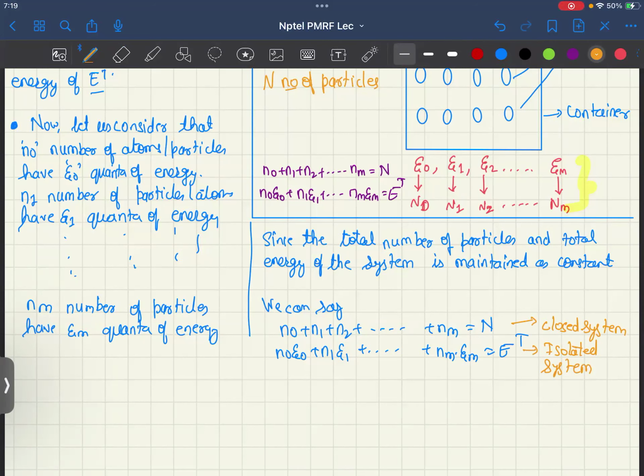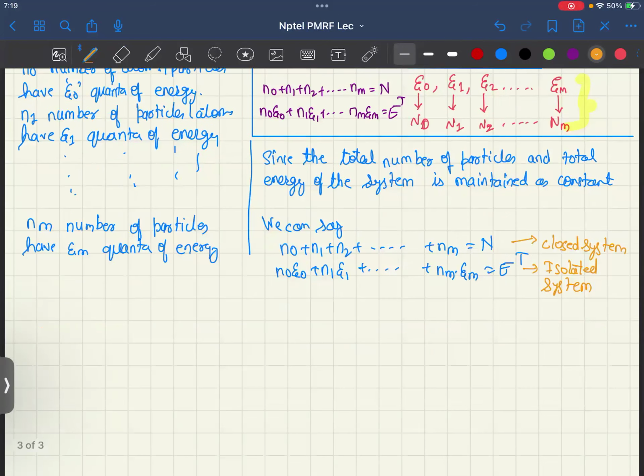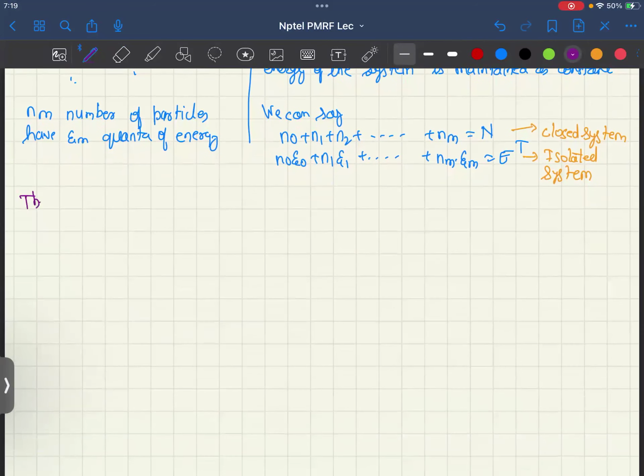right? Then what we can write is, the total number of ways of achieving this is given by nothing but the multiplicity, right?